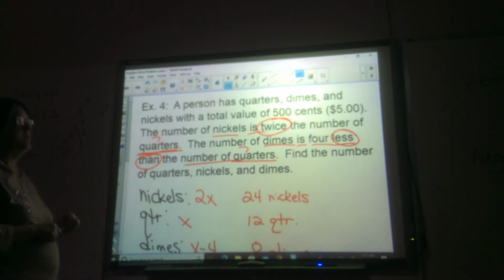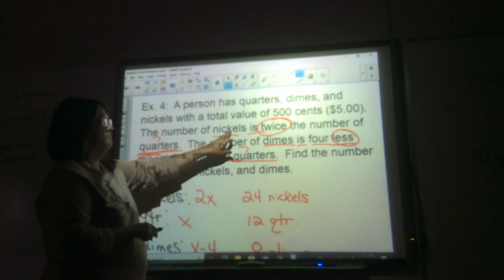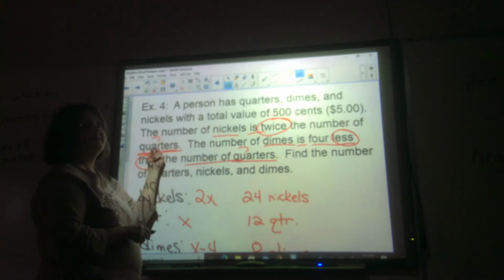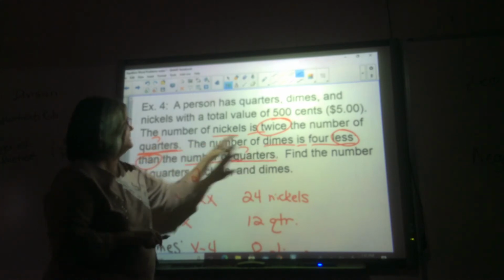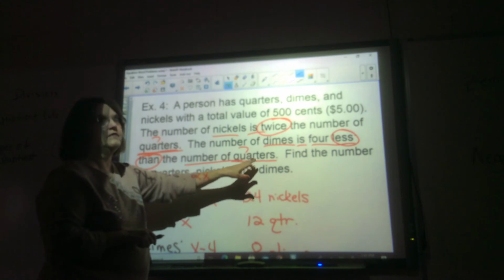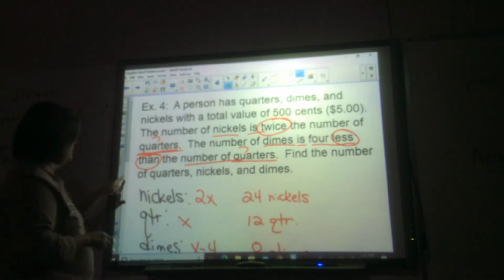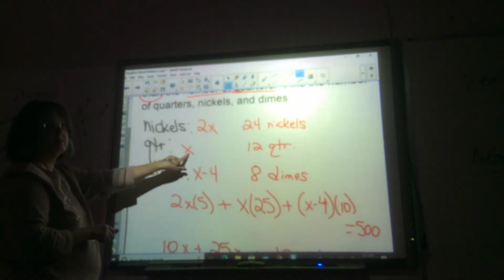Your variable is always what you know nothing about. So they told me about nickels in terms of quarters. In this sentence, I know nothing about quarters, so I check the next sentence. They tell me about dimes in terms of quarters again. I know nothing about quarters. So my quarters gets my X.